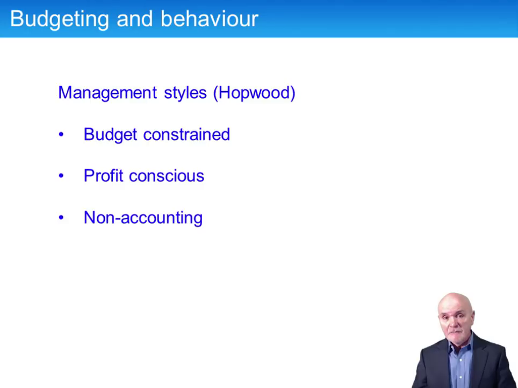Profit-conscious style of manager is saying variances, certainly adverse variances, are important. We'll be going down the operating statement, seeing where expenditure is too high, and ask the subordinate, why have you gone over there? And the subordinate might say, well, this machine kept breaking down, and we had a very important order from a really important customer, and the machine kept breaking down, and this order was going to be late.